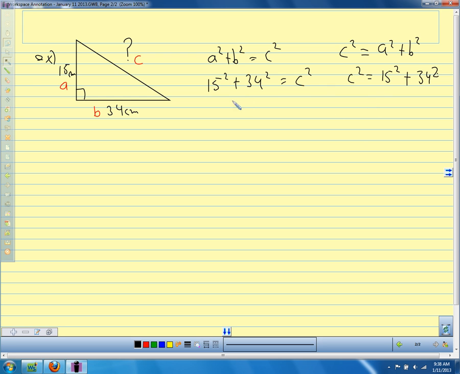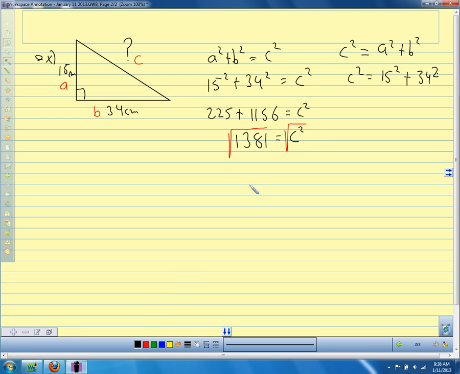So 15 squared is 225. If I plug that in my calculator, 34 squared is 1156. And that equals C squared. I'm going to add those together. So 1381 equals C squared. Undo the square by taking the square root.